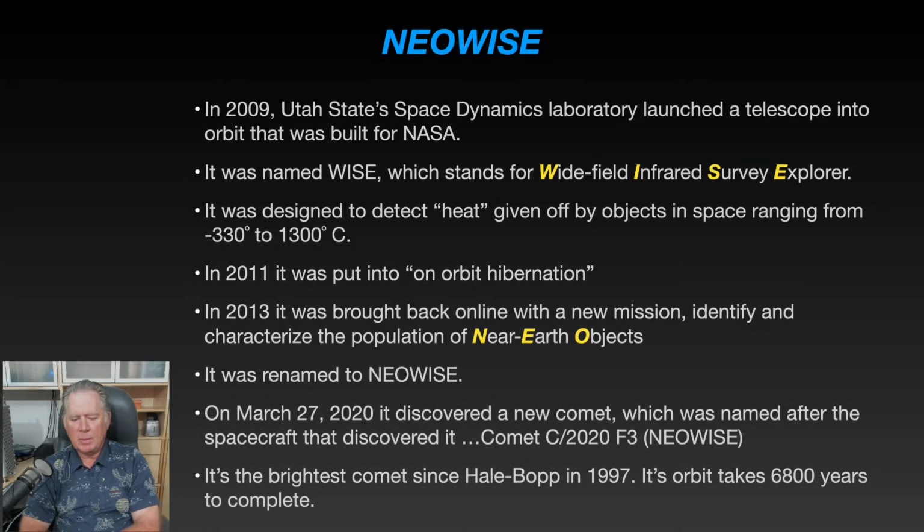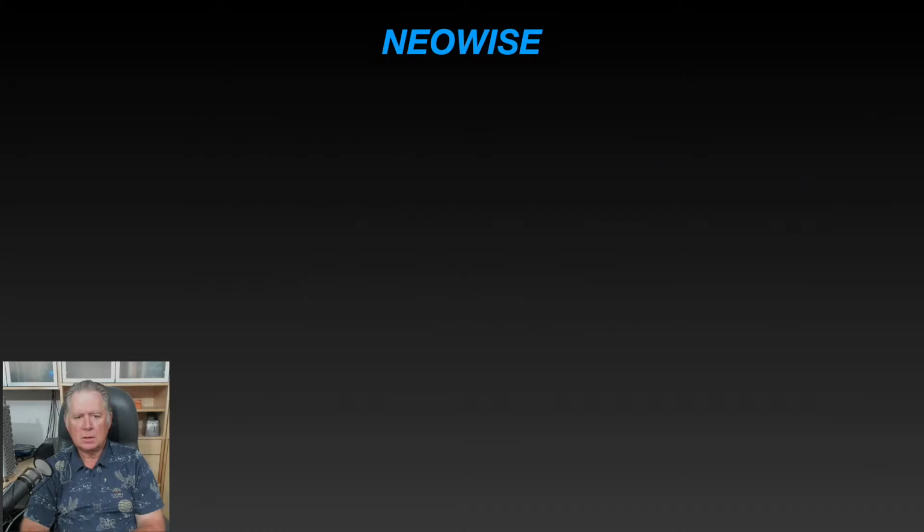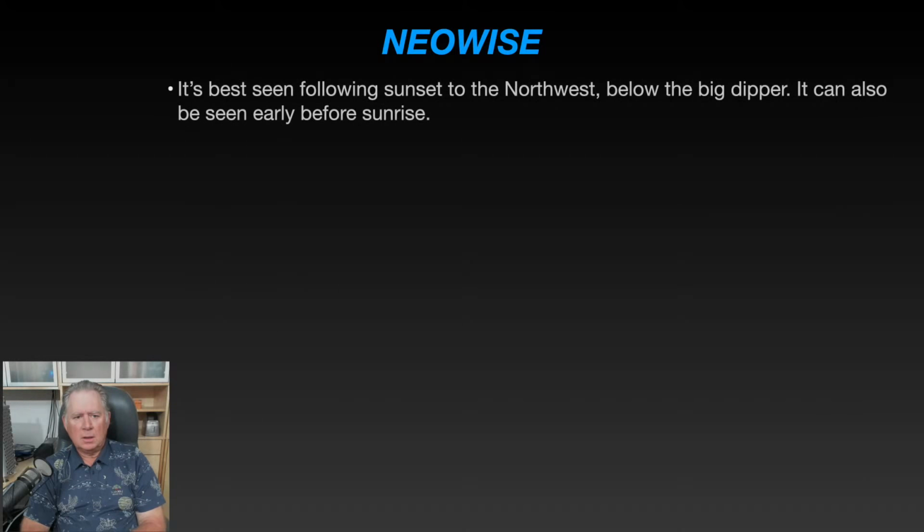It's the brightest comet since Hale-Bopp. I don't think it's as bright as Hale-Bopp, which was very bright. It takes 6,800 years to complete its orbit. It's best seen following sunset to the northwest right now. It's below the Big Dipper, and it can also be seen early before sunrise.